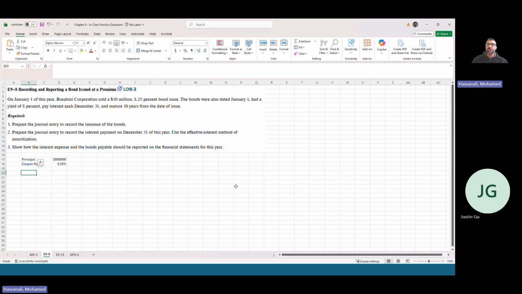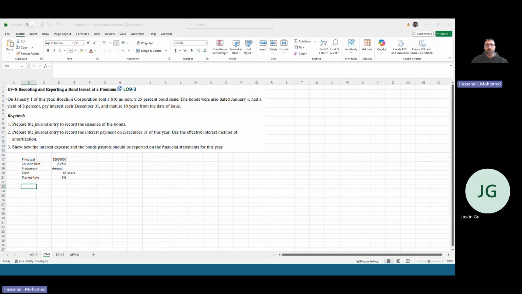Pay interest each year on December 31st, so frequency is annual. And mature in 10 years, so term is 10 years. So prepare a journal entry to record the issuance of the bonds.